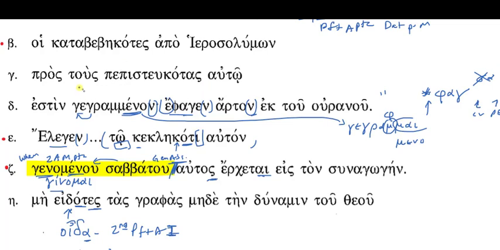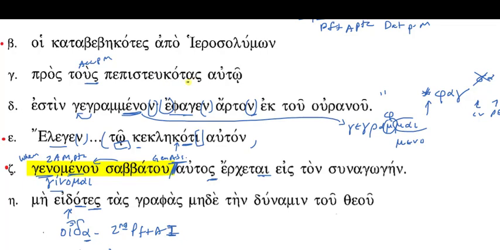Can you repeat gamma here after me? Pros tous pepistukotas autō. So pros is to or toward, and then I have what case article? Yep. So this is accusative plural, masculine.